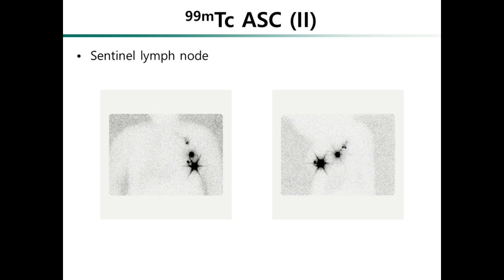If that has tumor metastasis, then we can try to use a different treatment modality. If there is no tumor cell in the sentinel lymph node, we don't need to remove the whole lymphatics. So sentinel lymph node detection is very important for the surgical field.